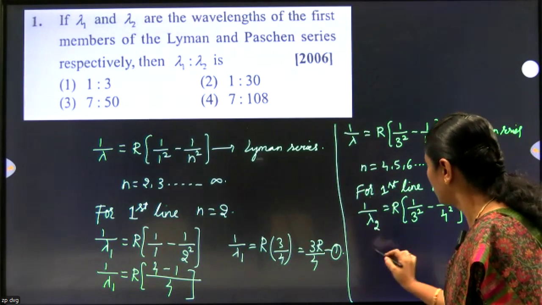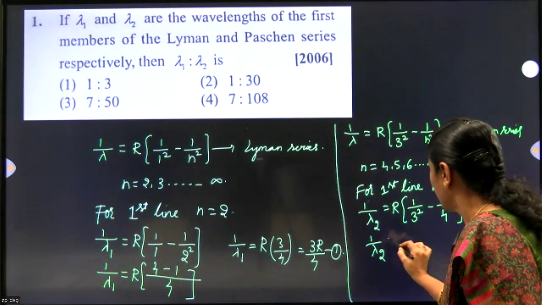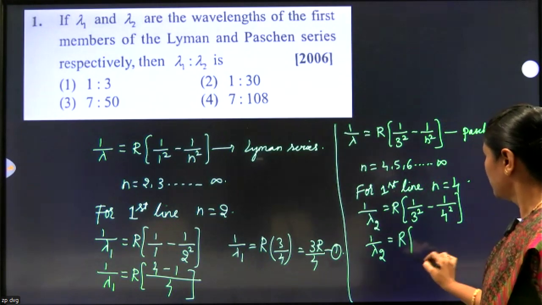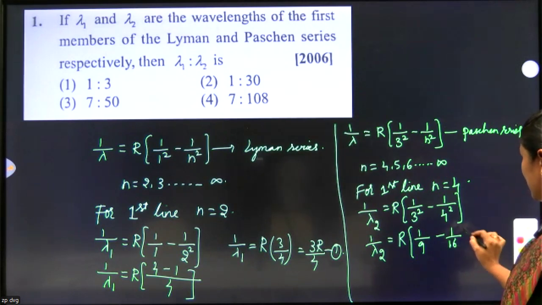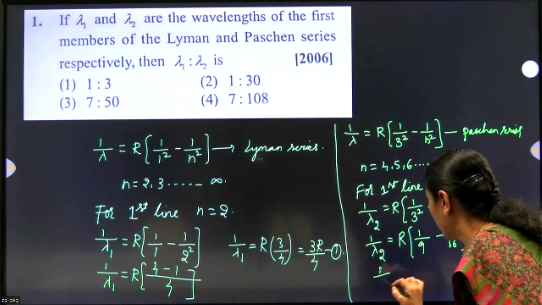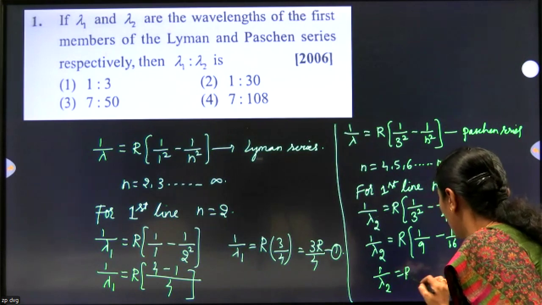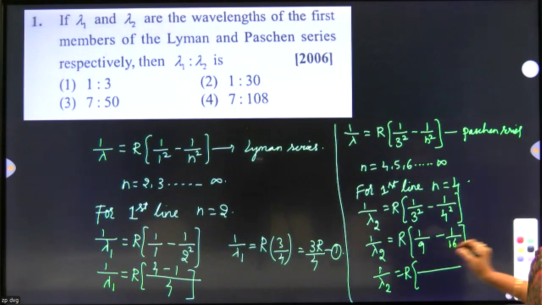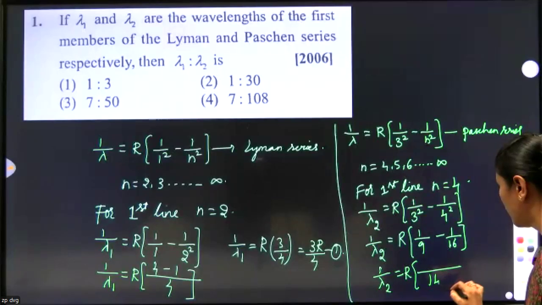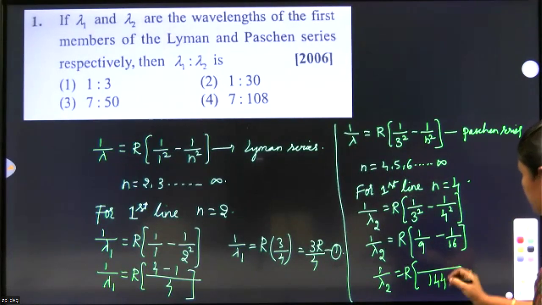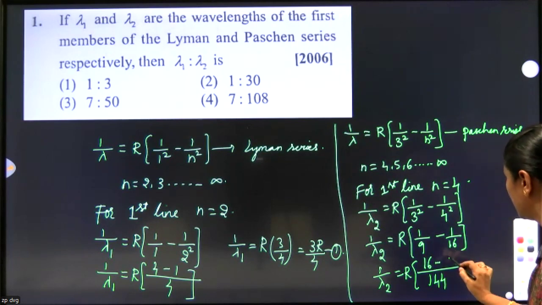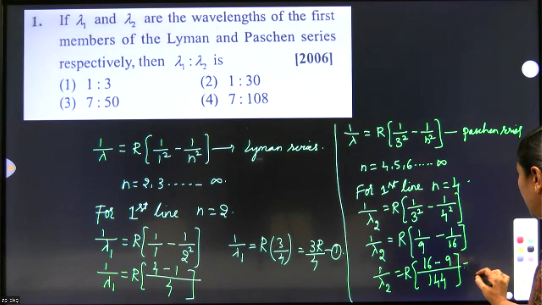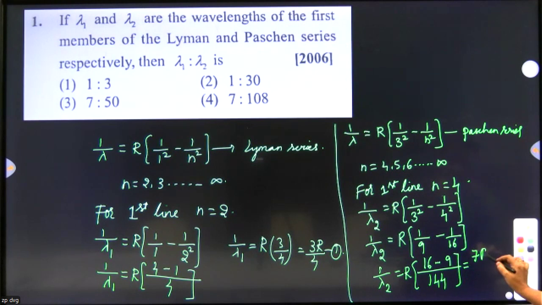This is lambda 2. 1 by lambda 2 is equal to R into 1 by 9 minus 1 by 16. 1 by lambda 2 is equal to R into, LCM is 144, 16 minus 9, that is 7. So 7R by 144.